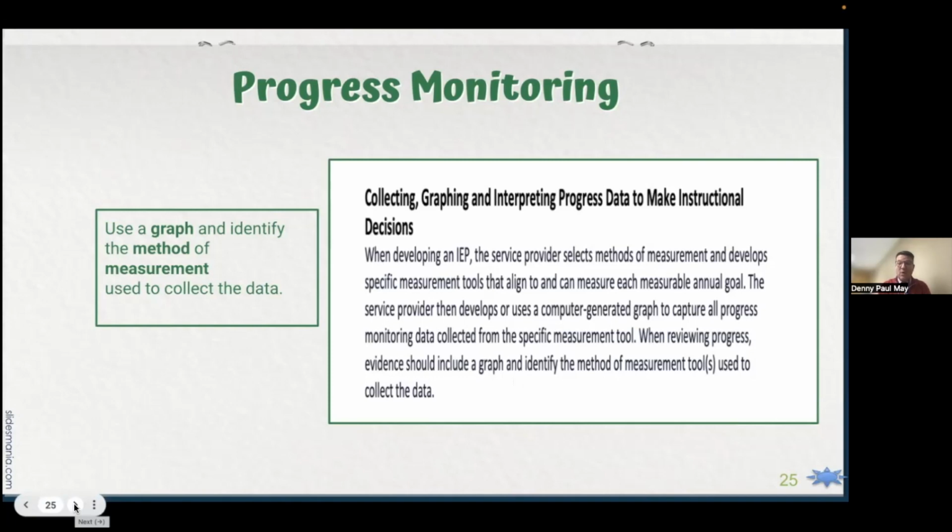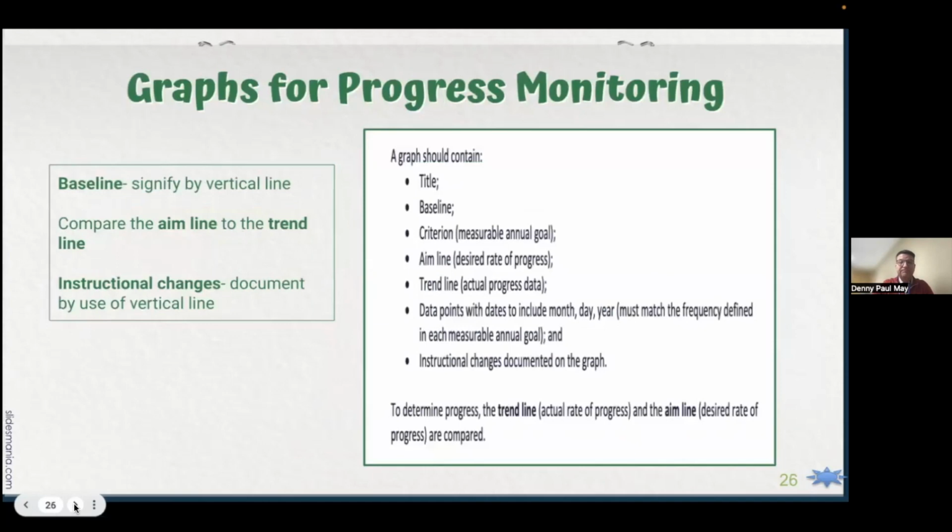Okay. Now, what we want to see is a graphical representation with dates and data points. And we want to see, is there a trend toward making progress, or do we need to change something? And then we need to analyze that data and make sure that we're communicating that to all the ARC members.